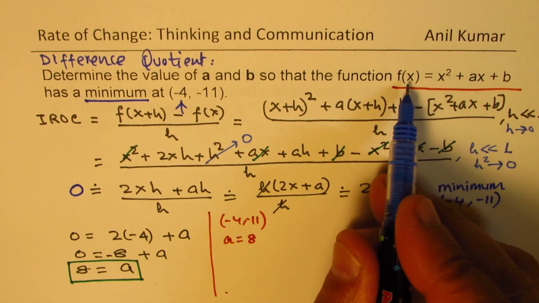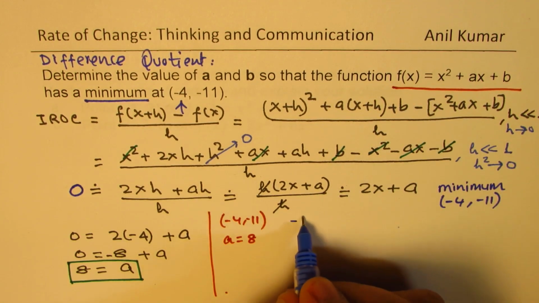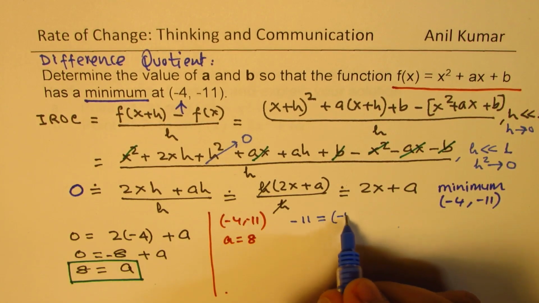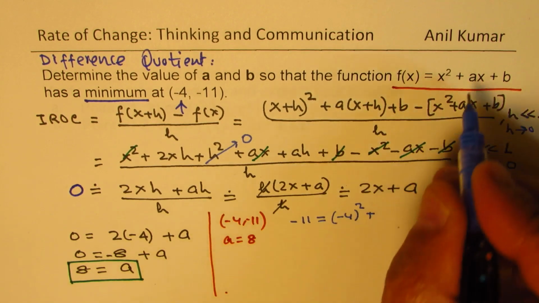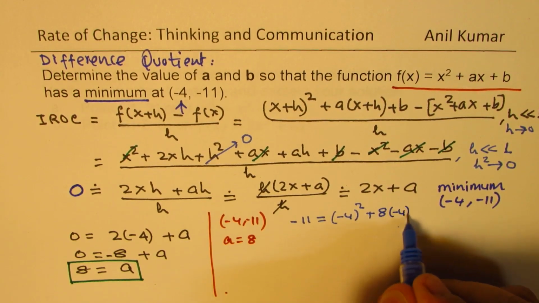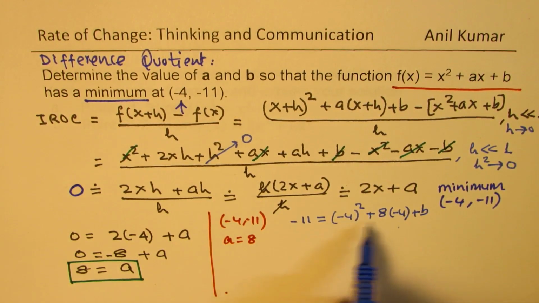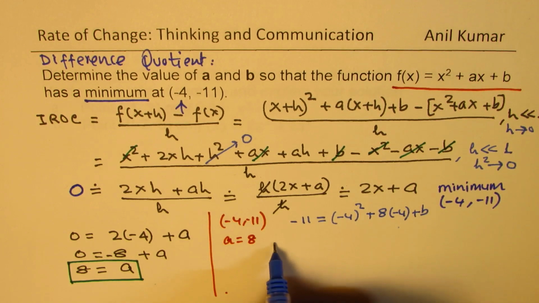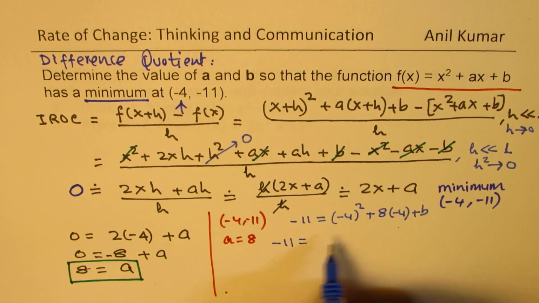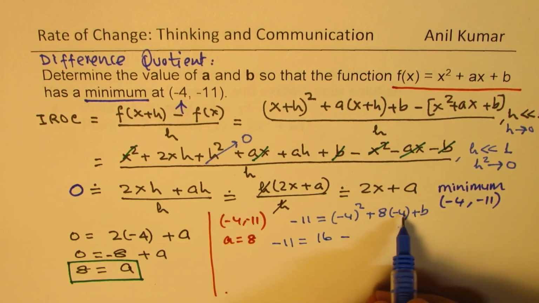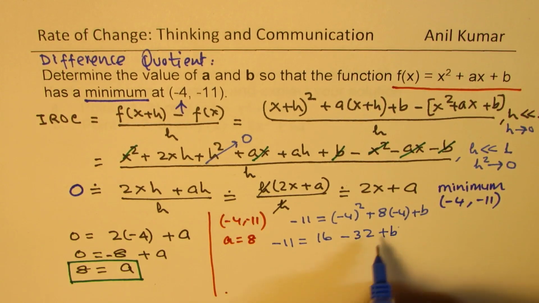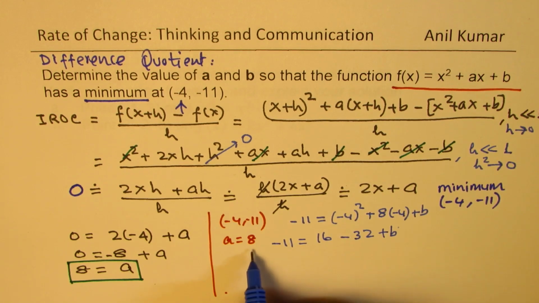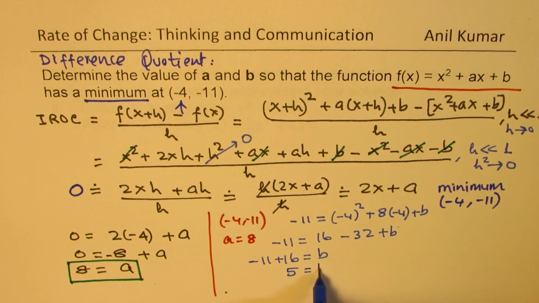Substituting minus 4 for x and minus 11 for f of x, we get minus 11 equals minus 4 squared plus 8 times minus 4 plus b. So we can rearrange and get the value of b. We get minus 11 equals 16 minus 32 plus b. Bringing this minus 16 to this side, it becomes minus 11 plus 16 equals b, which is equal to 5. So the value of b is 5.